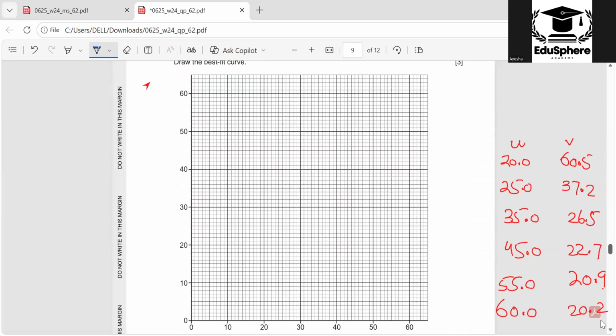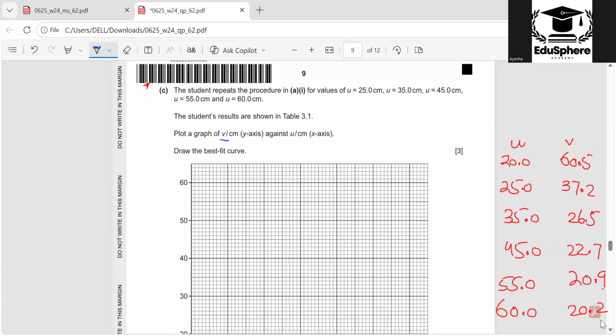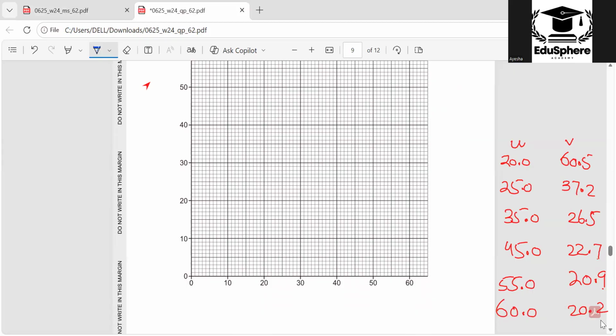Okay, at first, in the question they have given us that v should be on the y-axis and u should be on the x-axis. So first I'm going to take all the values of u, like at 20.0 means this is 20. At 25 is this one value. At 35, then we are going to talk about 45. Then it will be 55 and then it will be at 60.